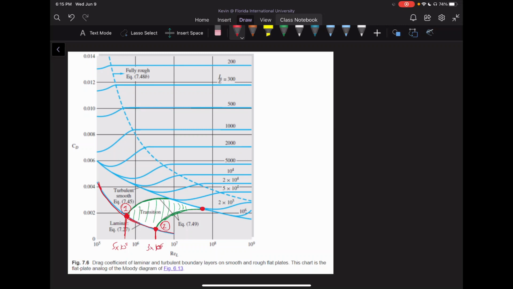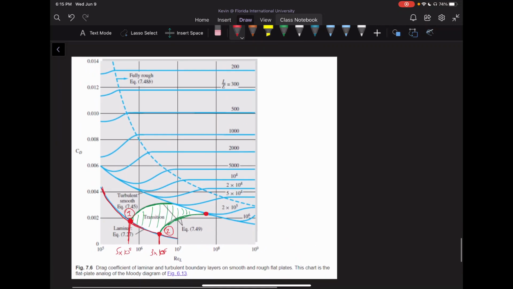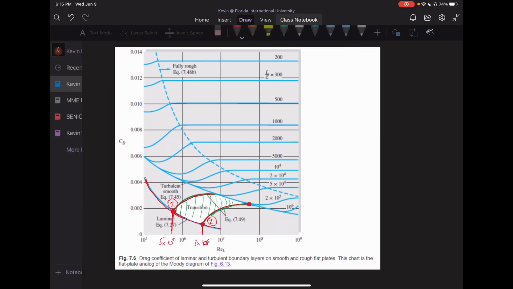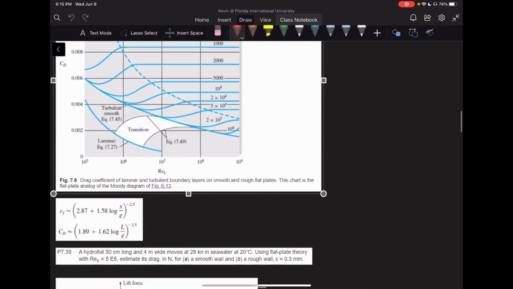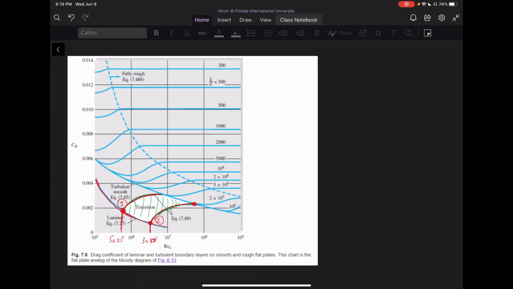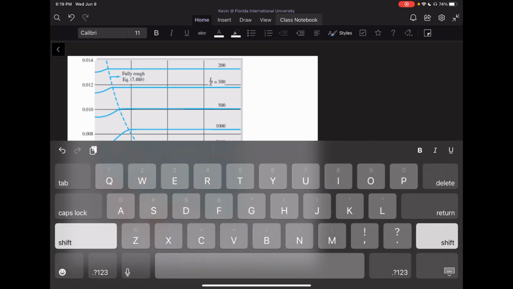We actually have an equation that gives us the shape of the line going from here to here at 1, and another equation that gives us the line from here to there. I'm going to copy them over so we don't have to write them down. The equations go right here to the right of the graph.